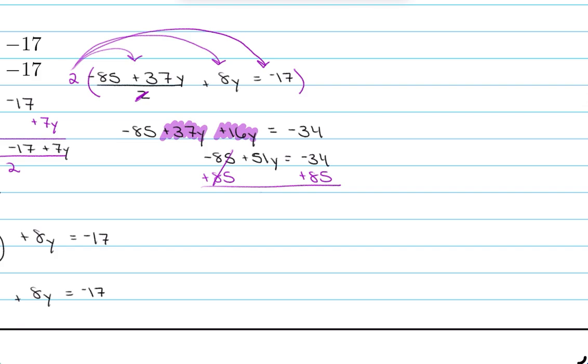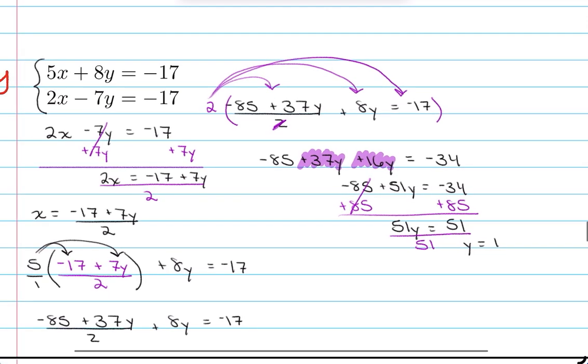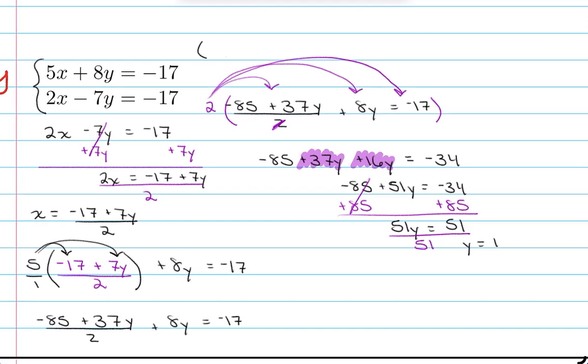And I have 51y equals a positive 51. Divide both sides by 51. And my y equals 1. So we did all that work and we ended up with a 1, right? So putting my answer up here, we know our y value, it's 1.